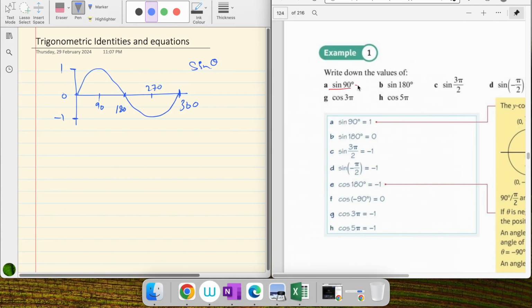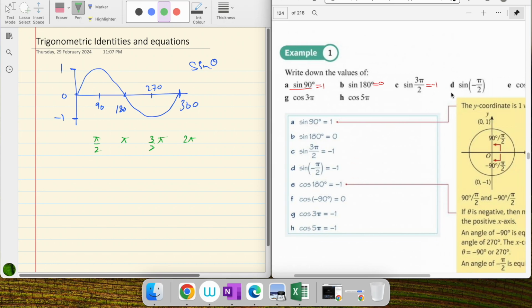So sine 90 is equal to 1. Sine 180, from the same graph, you can see that is equal to 0. When we talk about sine pi by 2, if we change all of these scales in radians, this is 2 pi, this is pi, this is pi by 2, this is 3 by 2 pi. So basically sine 3 by 2 pi is equivalent to 270, which is -1.